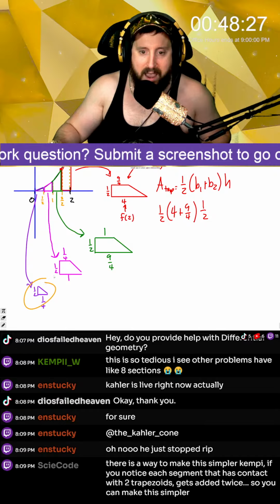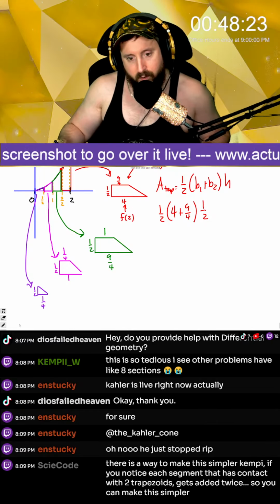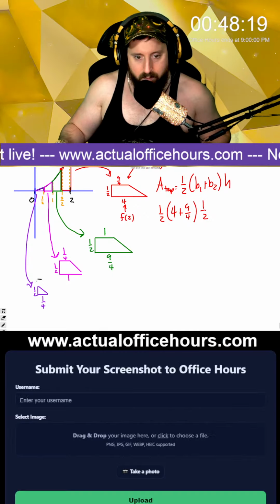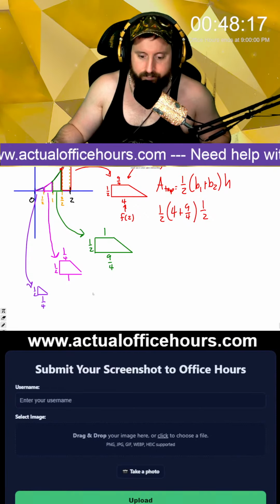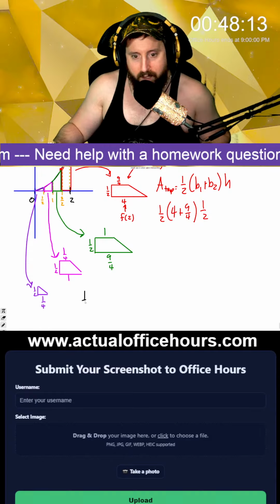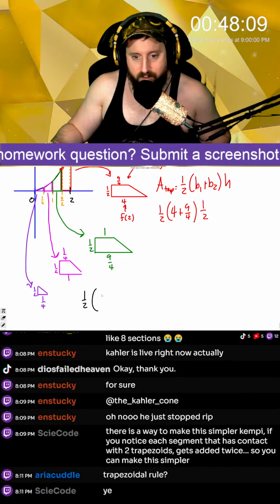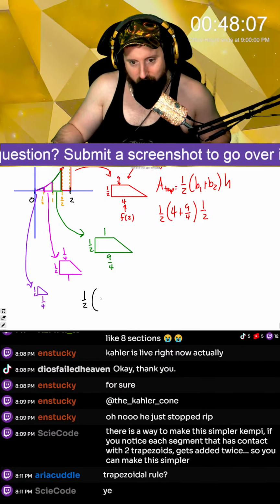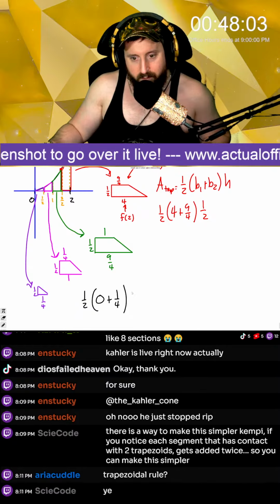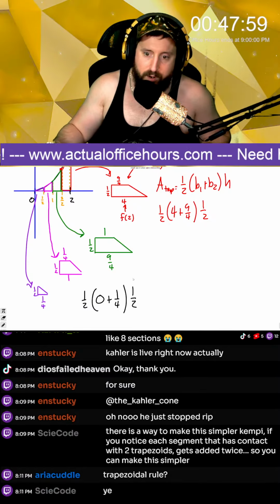So you see how we're adding all of these trapezoids together? So if we were to write out the formulas for these, this is the trapezoidal rule, right? So you would have 1/2, and then this is base 1, which is 0 plus a quarter times 1/2, because all the heights of all these are 1/2.